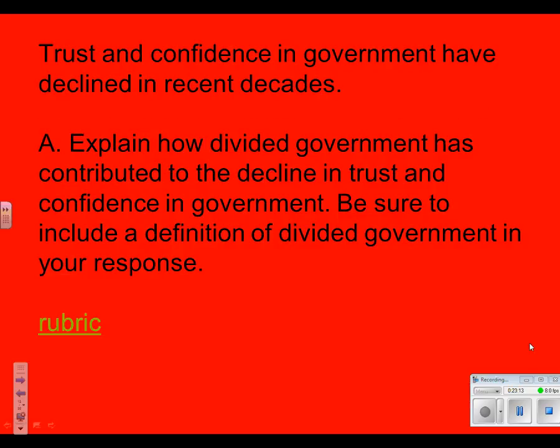Okay, so then what I want you to do is to take a few moments to jot down on your whiteboard a response to this part of the free response question.